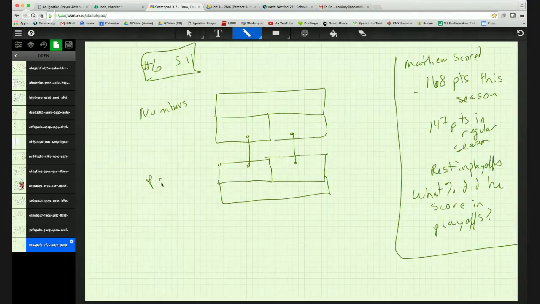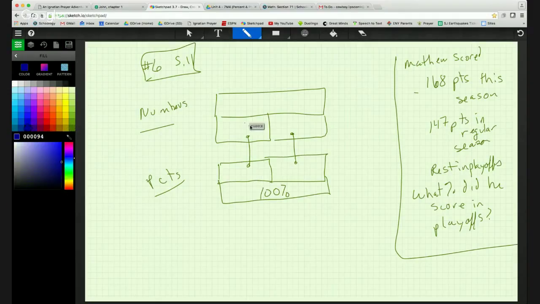And here's your percents. And we know this always adds up to 100%, our two parts. So you need to figure out what is the whole, what are the parts, what do we know. So try and fill this in, try and solve the problem. I'd like you to fill out all the parts here and then see what you come up with.